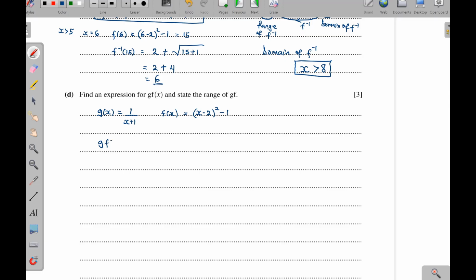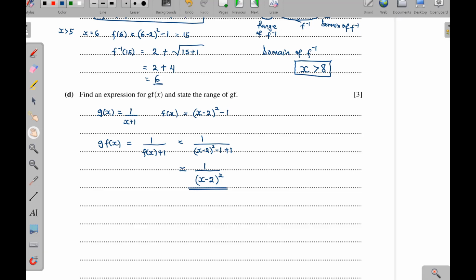Now gf of x means that we put f of x in the place of x in the g, okay? So that means we shall have 1 over, where there is x, I'm putting this. So that will be f of x, then plus 1. So we have 1 over x minus 2 squared minus 1, but then there is a plus 1 here. So plus 1. So we get 1 out of x minus 2 squared. So that is our answer here. Okay.